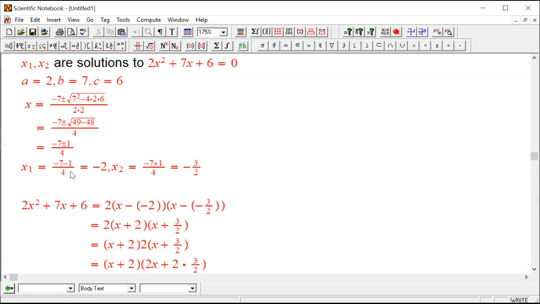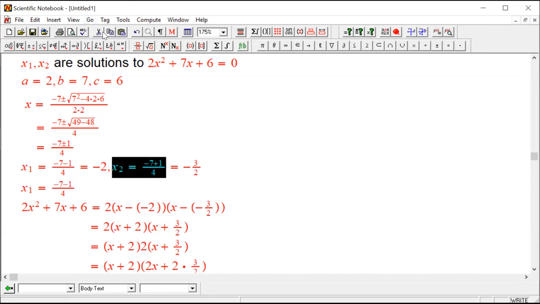You can see it this way: x sub 1 is negative 7 over 4 minus a quarter, and x sub 2 is negative 7 over 4 plus a quarter.